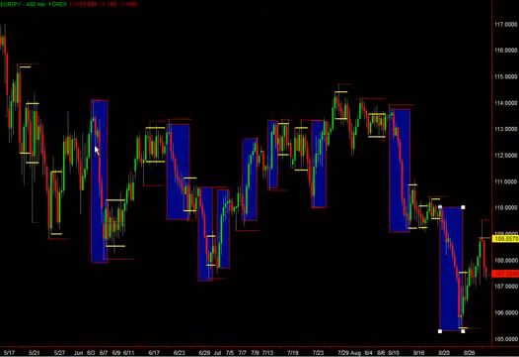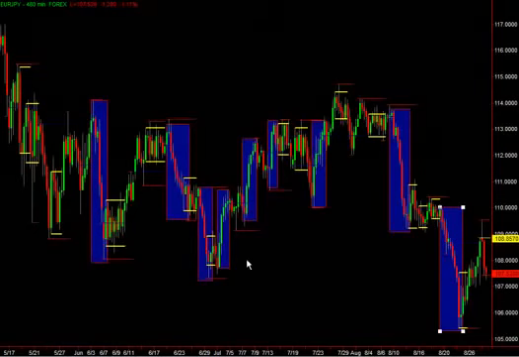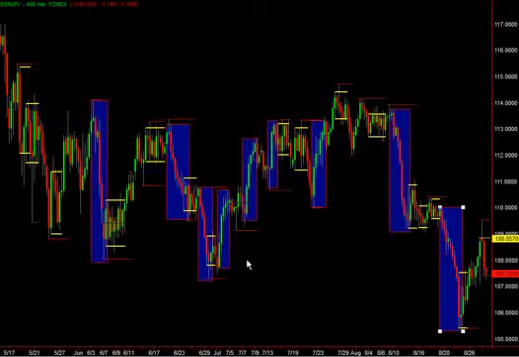So with that now done, again I've just marked probably some of the most obvious ones off, but what we've done here is we've identified where the balance of power has changed. There's been a dramatic shift in buyers to sellers or sellers to buyers.